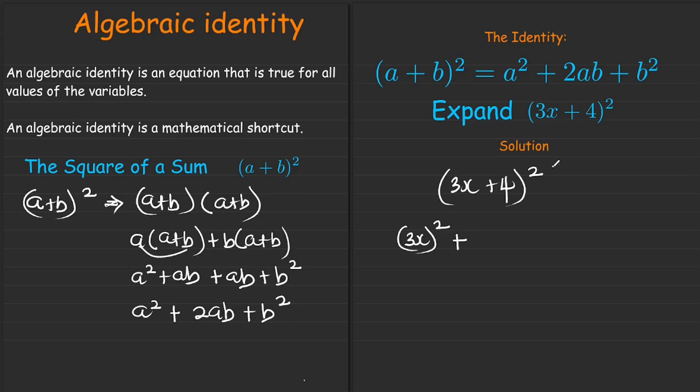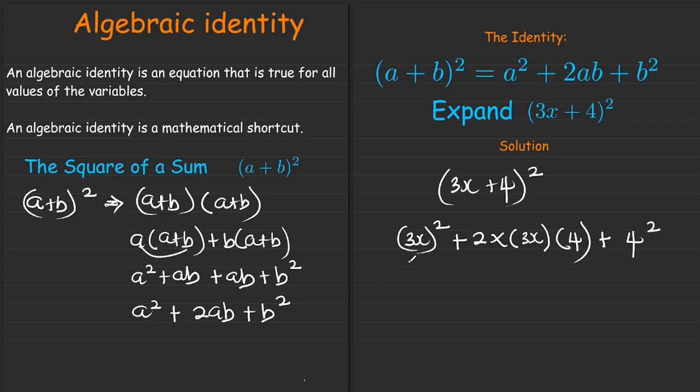And then we take 2 times the first term, which in this case is 3x, then times your second term, which in this case is 4. Easy. Then plus this term you have here also squared, so that is 4 squared.